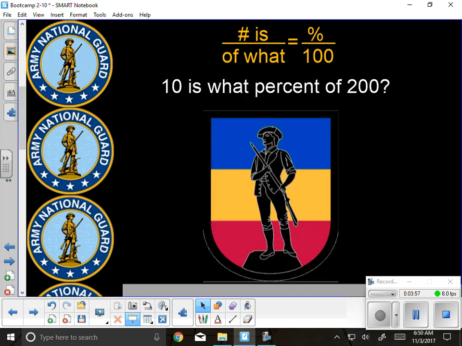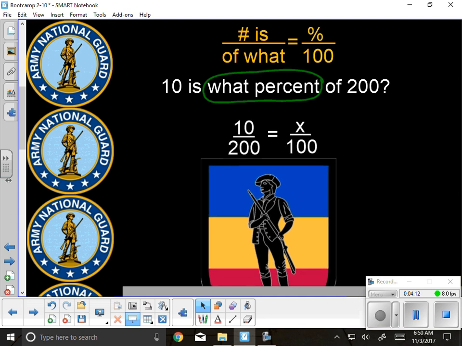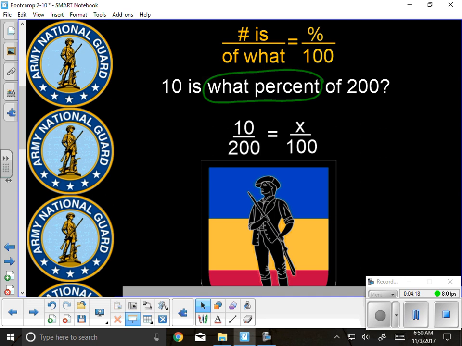So here's our first example. It says 10 is what percent of 200? So we know we have 10, but we're trying to find the percent. In order to do this, we're going to need to set up the proportion: 10 over 200 equals x over 100. Whenever you're trying to find a percent, you're always going to be looking for the number over 100, no matter what.